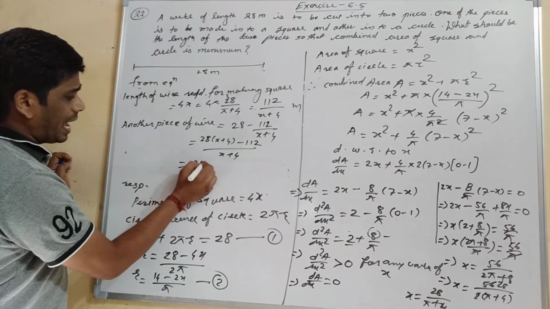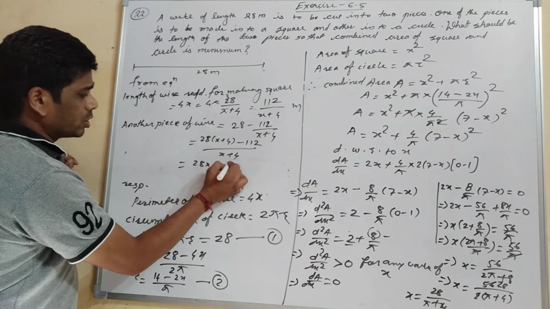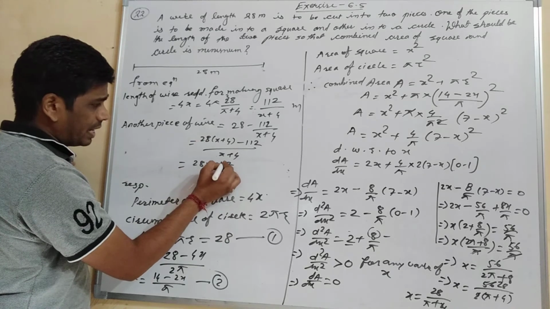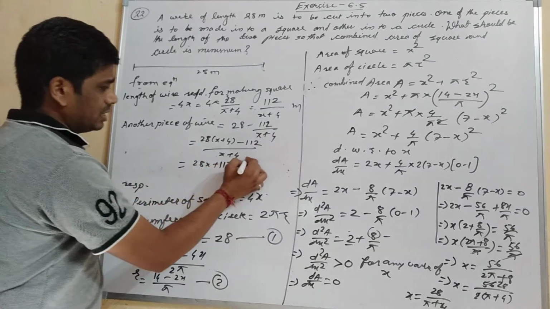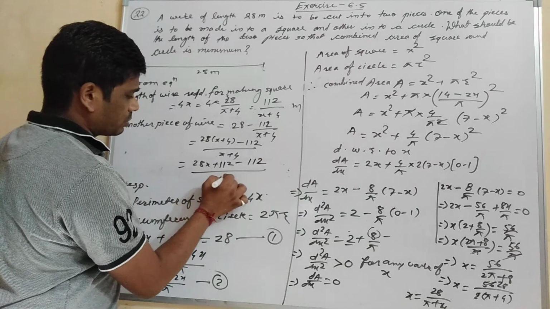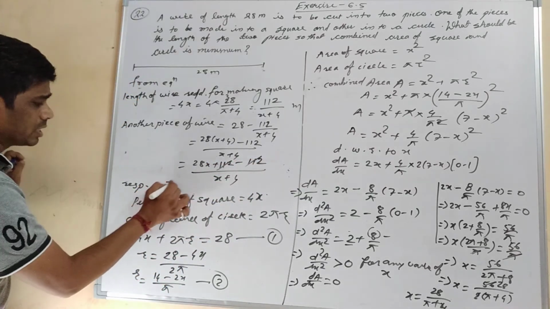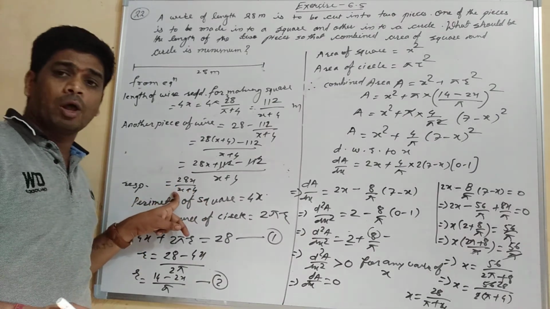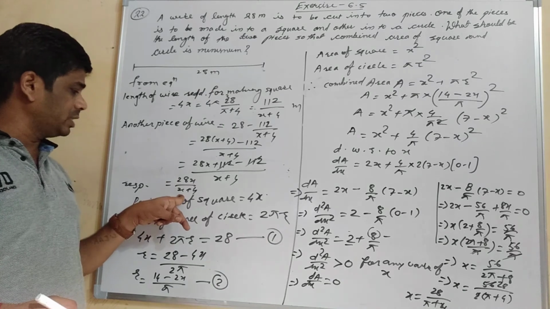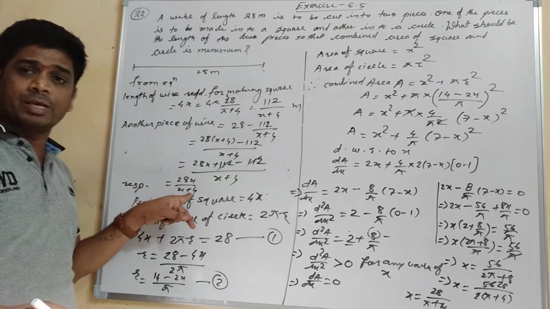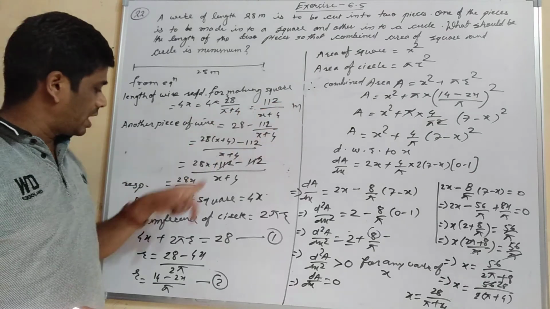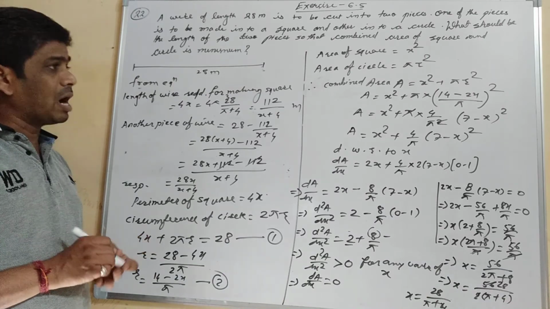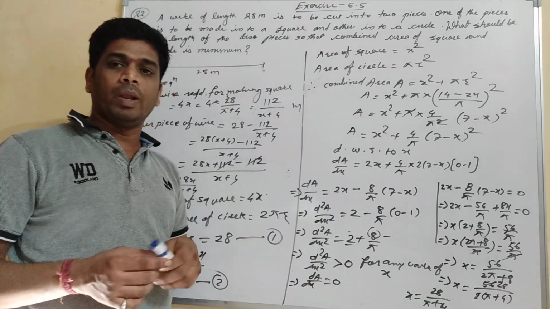So 28 pi plus 4 eights are 32, carry over 3, 4 twos are 8 plus 3, 112, minus 112 upon (pi plus 4), which means plus and minus will be cancelled. So 28 pi upon (pi plus 4). The other piece which will be required for making the circle will be 28 pi upon (pi plus 4). So if we cut the wire with this length and this length, the combined area of the square and the circle will be minimum.